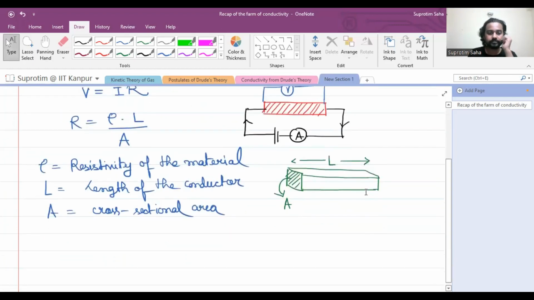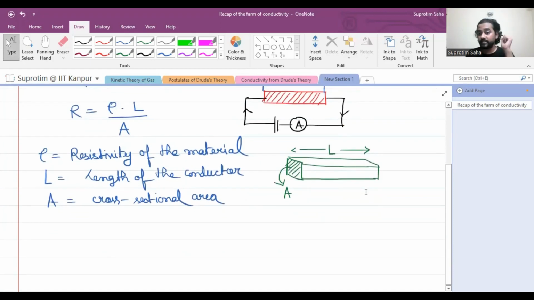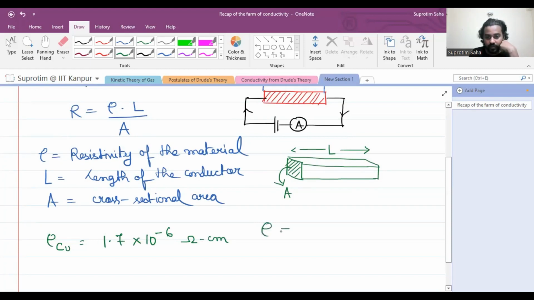Okay. So now let's just take for example copper. The resistivity rho of copper is in the range of 1.7 into 10 raised to minus 6 ohm centimeter, which is very low. And now we got the formula for resistivity, which is given by m by n e squared tau.